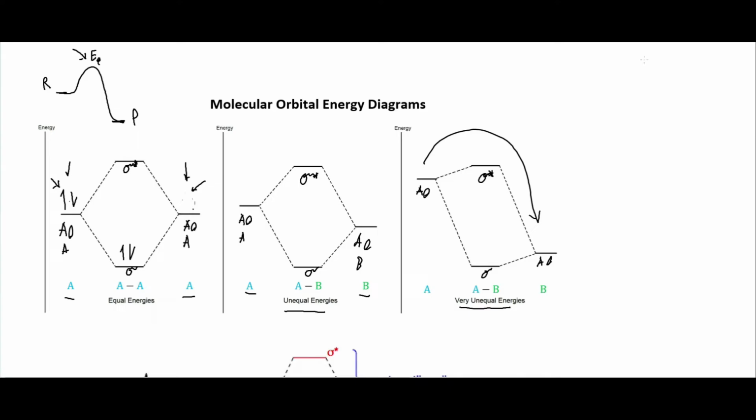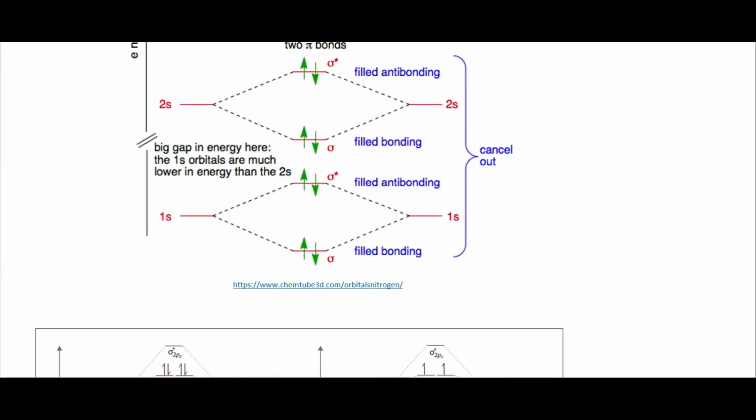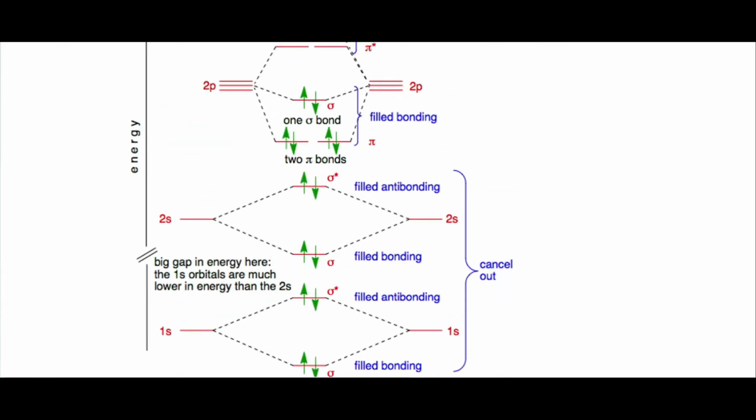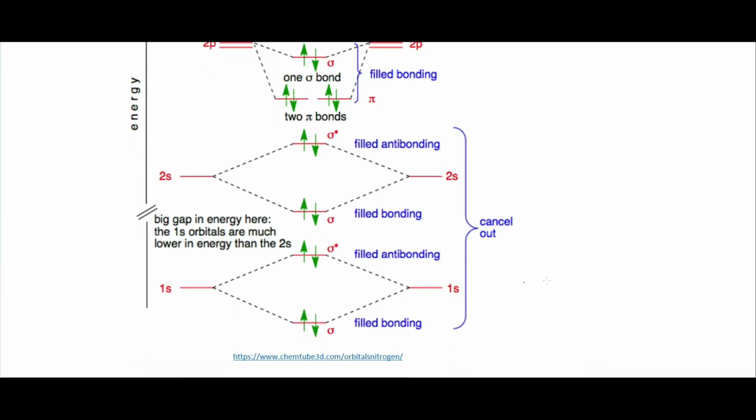And so these are the three basic molecular orbital diagrams that we will be using. And so we can look at an example here. So we have the 1s atomic orbitals here, and if these are filled, then we'd have the atomic orbitals like that here.